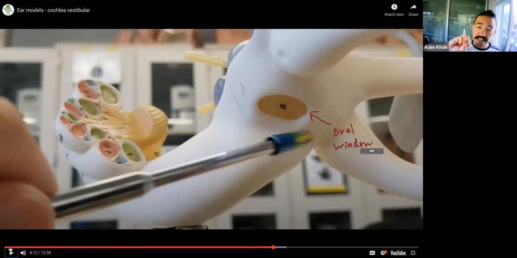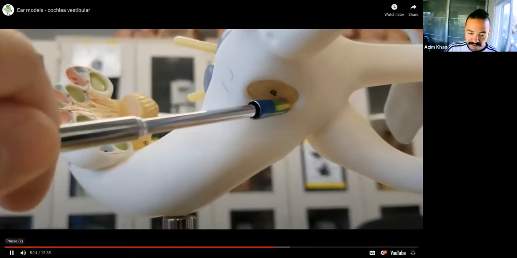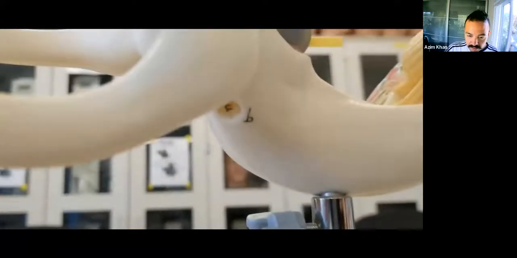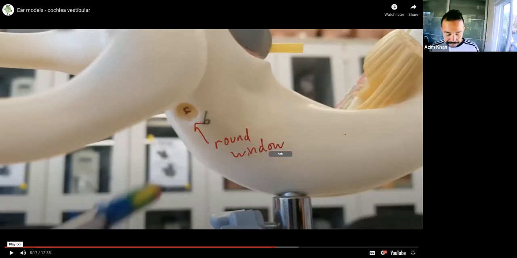This is what's directly in contact with the stapes, the most medial of the auditory ossicles. We spin this around on the posterior side of this organ. It's rounder and smaller. This is the round window. Lets energy dissipate out.